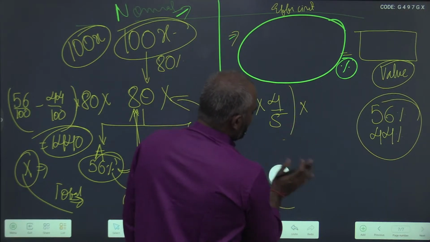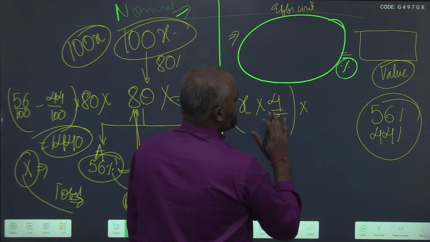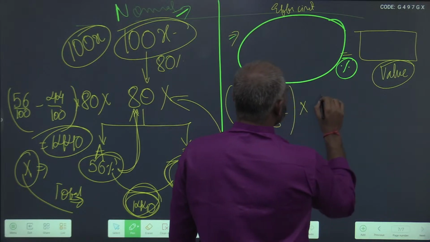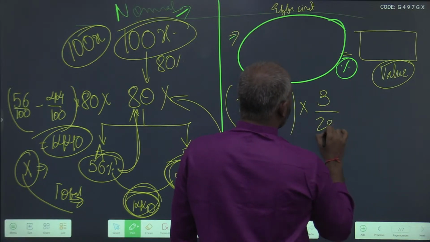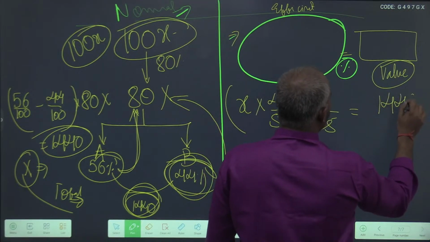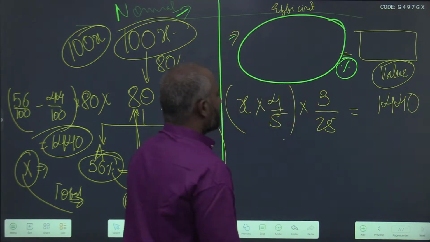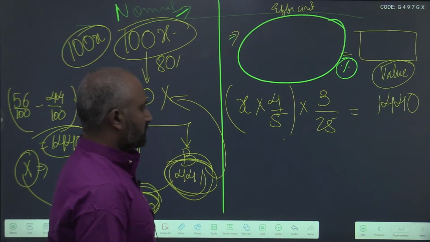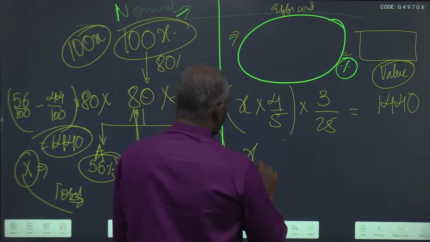So 12%, which is 3 by 25, is 1440. Okay.